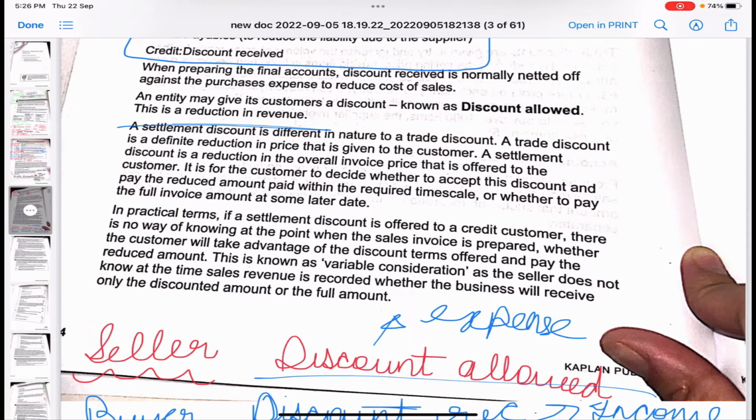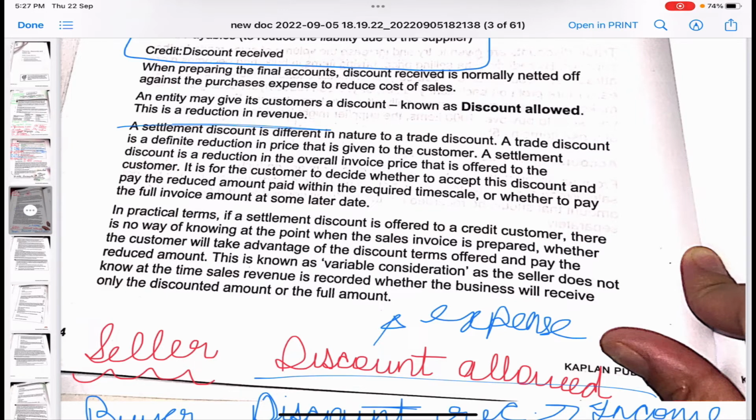Whereas in a cash discount, we will be opening new accounts because the entity has an option to either avail the discount or not avail the discount. So you know how a cash discount or a settlement discount works. If a person pays the money before the due date, they will be availing this much of a cash discount.